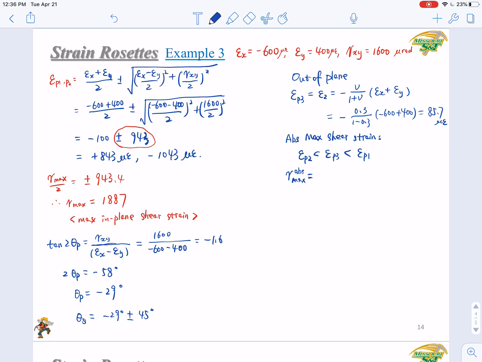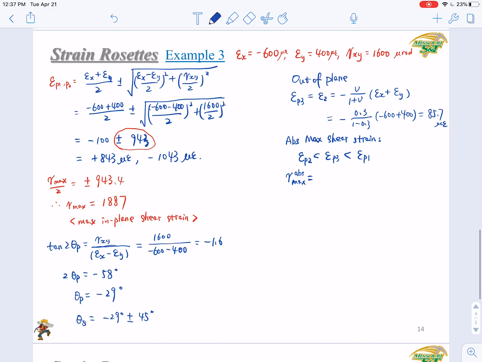So the equation says half of the gamma max equals epsilon P1 minus epsilon P2 over 2. So in that way, the gamma max absolute equals epsilon P1 minus epsilon P2.